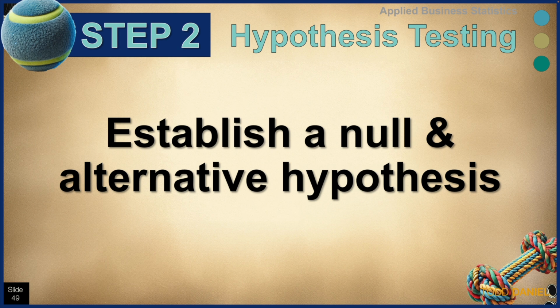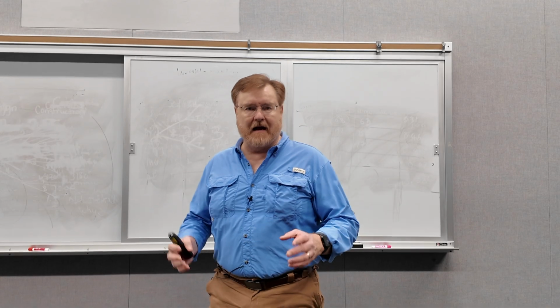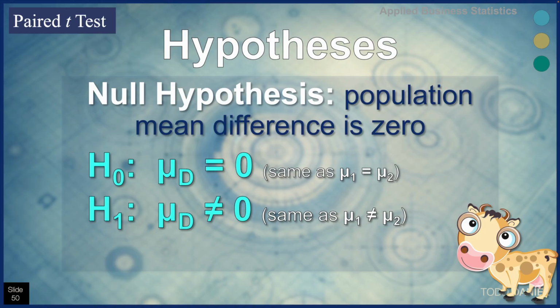And that brings us to step number 2. We're going to select the null and the alternative hypothesis. The null hypothesis is that the population mean difference is 0. We're going to write that as H sub 0 colon mu sub d, or the average difference, equals 0. Some increase, some decrease. Overall, it's a wash, same as mu1 equals mu2.